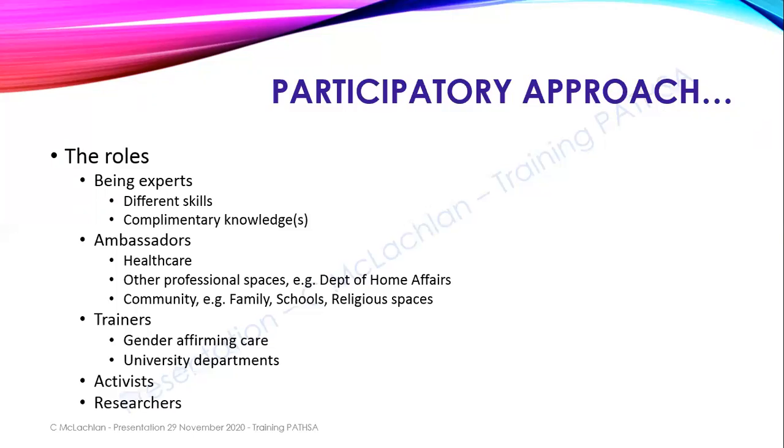The school would have certain experiences and different skills, and we bring all these complementary knowledges together in the best interest of our trans client. Our trans clients also become ambassadors and go out into the community, because quite often it is the community that needs to change and not the trans person that needs to change.